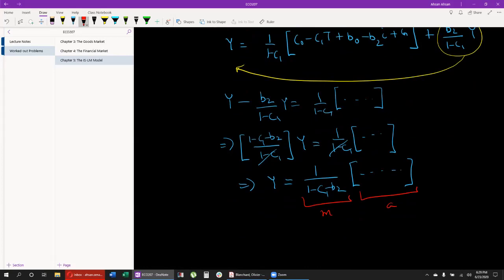Actually, let me write down the entire thing. So what we have in here is C naught minus C1t plus B naught minus B2i plus G. This entire thing is the autonomous part.